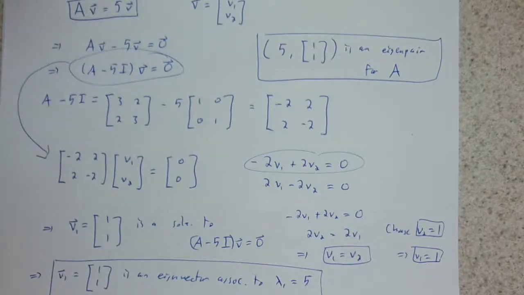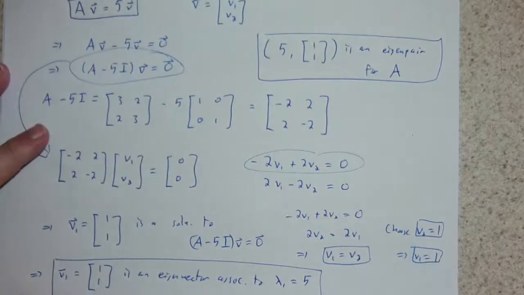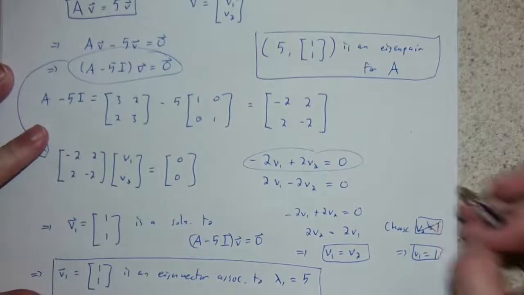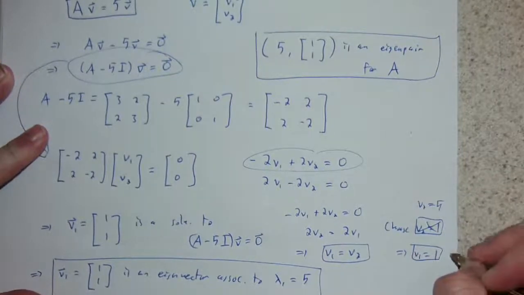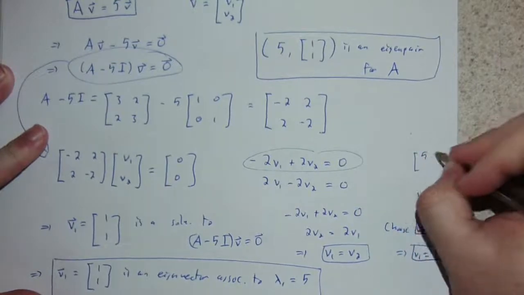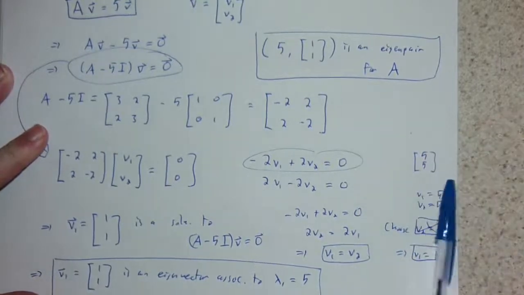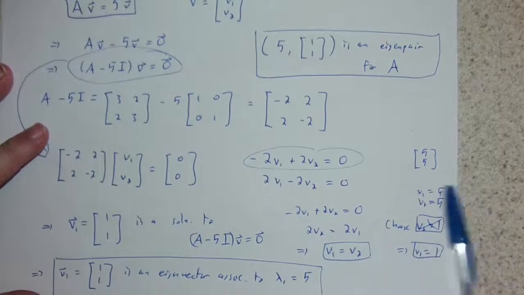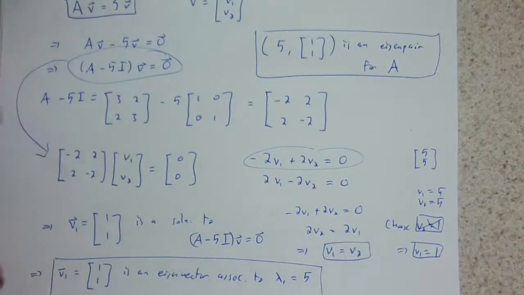Now, one question you're probably going to have here is, does it matter that I chose this to be 1 instead of, say, 5? Say at this point, instead of choosing this to be 1, I had chosen v2 to be 5. Well, then v1 is 5, and the vector that I would get instead is 5, 5. Is it wrong to say that 5, 5 is also an eigenvector associated to the eigenvalue lambda equals 5?